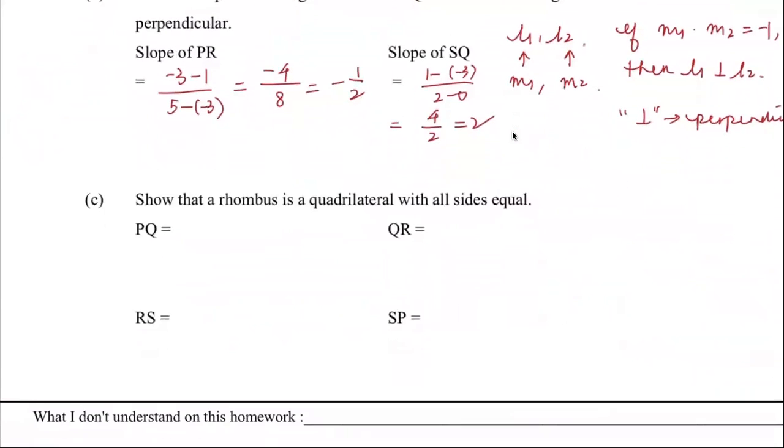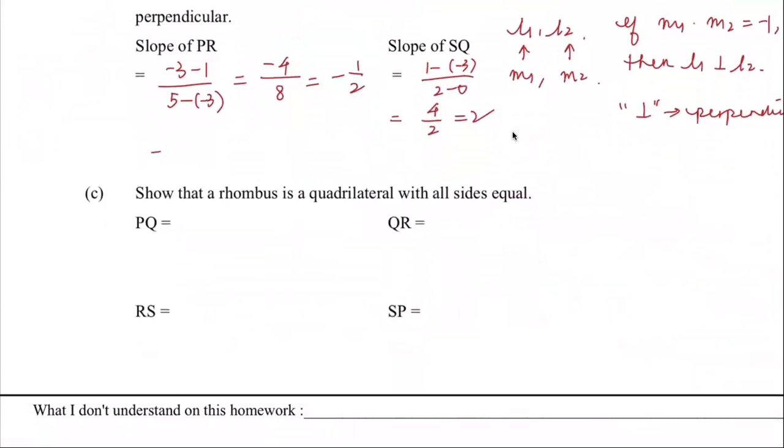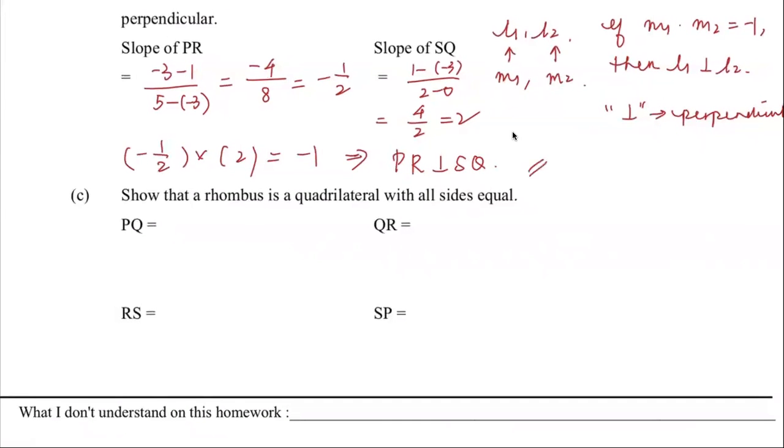Okay, so slope of PR, minus 1/2, times slope of SQ, 2. This is equal to -1. And this tells us that PR and SQ are perpendicular. Okay, this is how we show that PR and SQ are perpendicular.